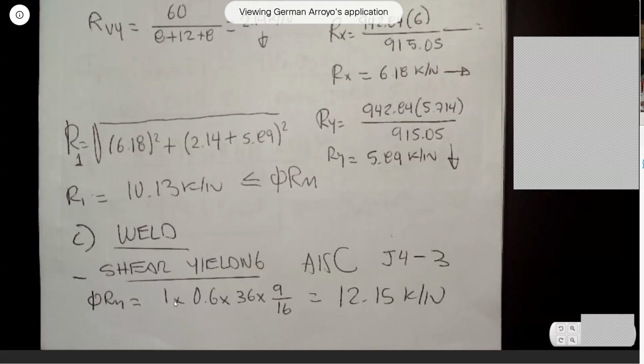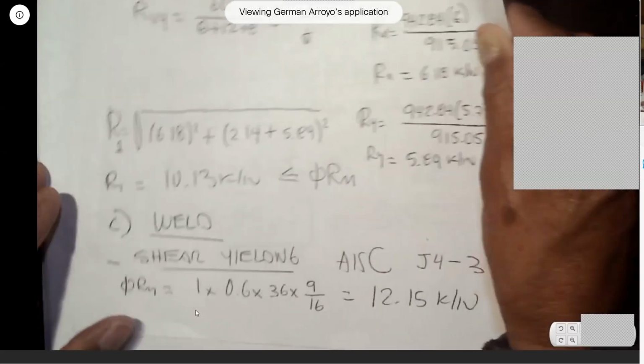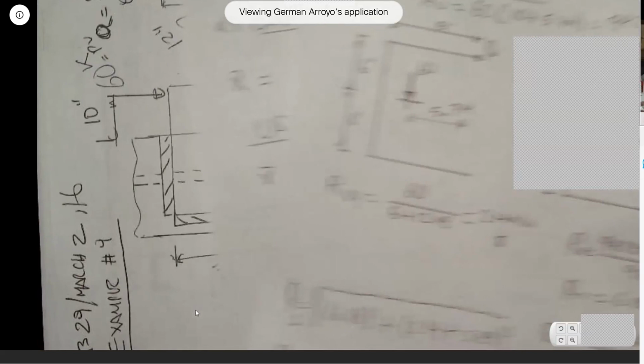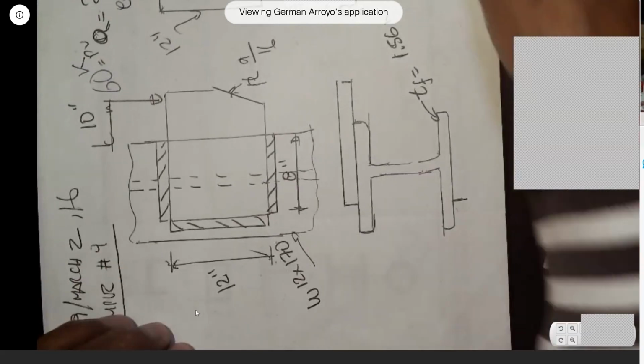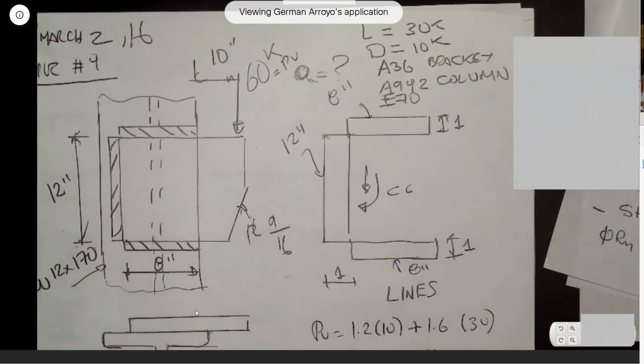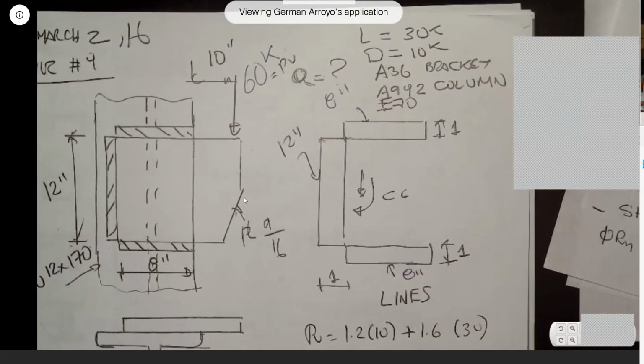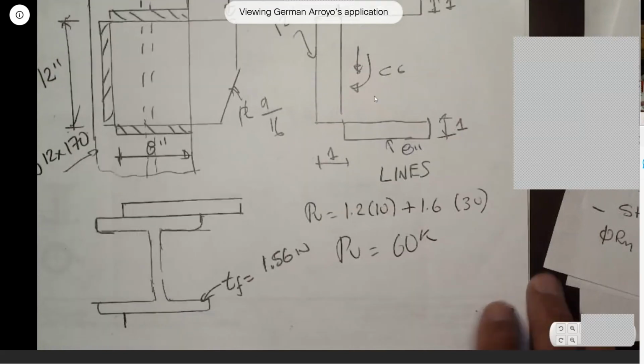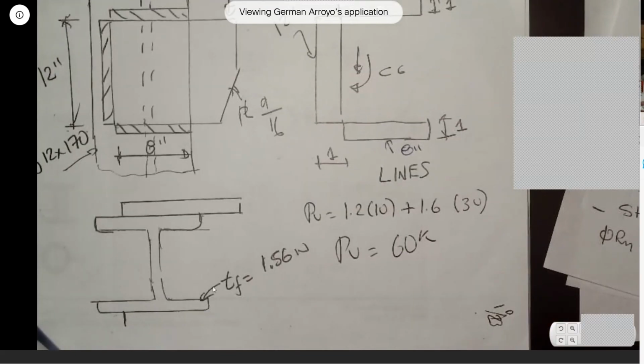So the phi factor is 1.0, and it's obvious that the plate controls, because you look at the original problem, and you look at this problem, this is 9/16 with a weaker material, 36, and this is 1.5/16 with a stronger material.